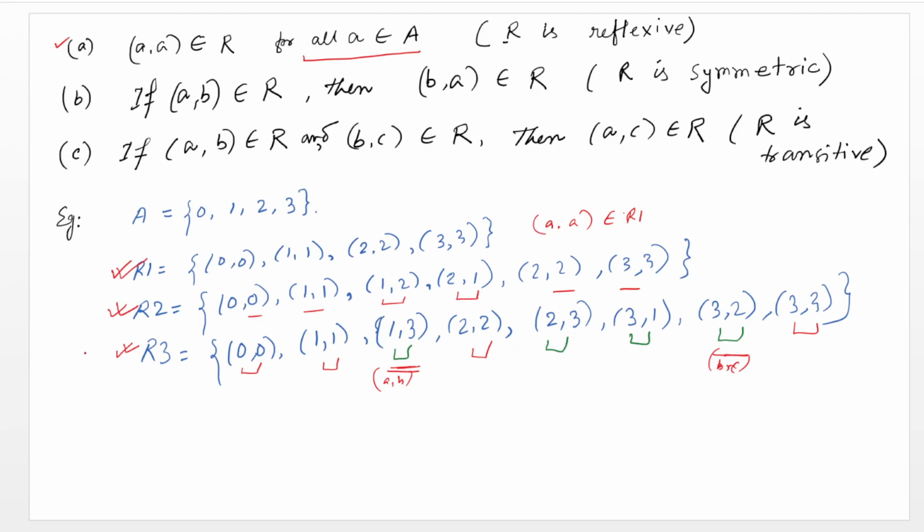So R3 is not an equivalence relation, because (1,3) is present and (3,2) is present, but (1,2) is not in R3.